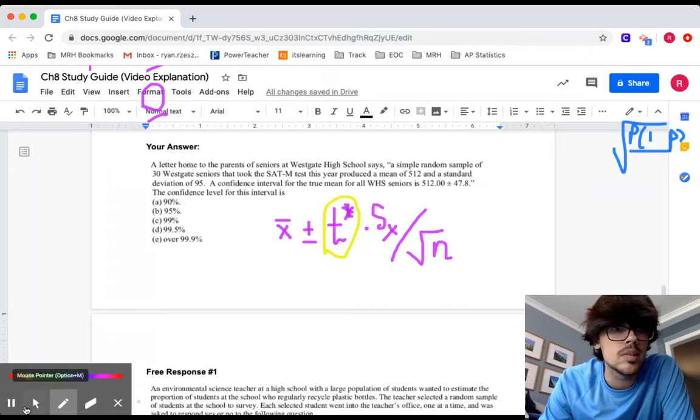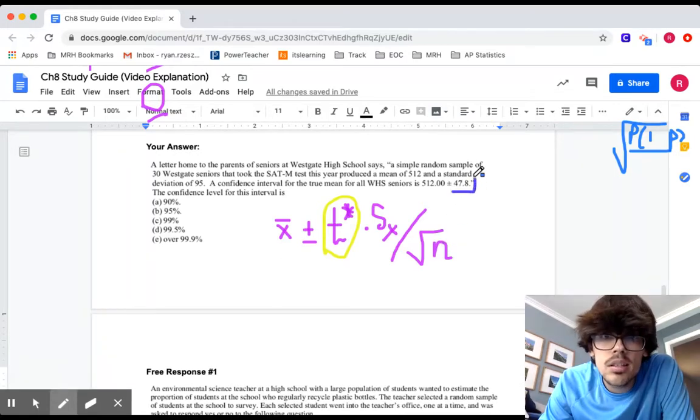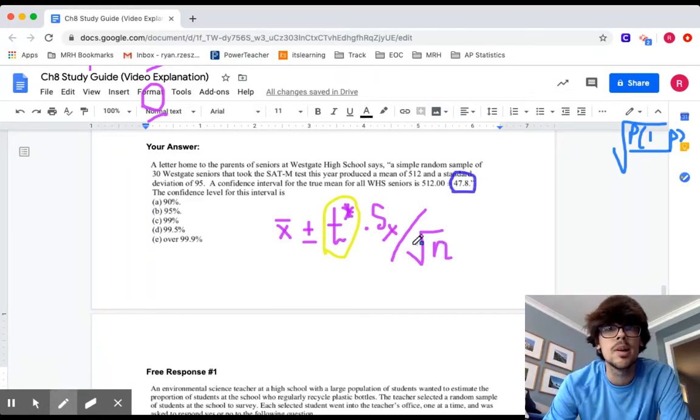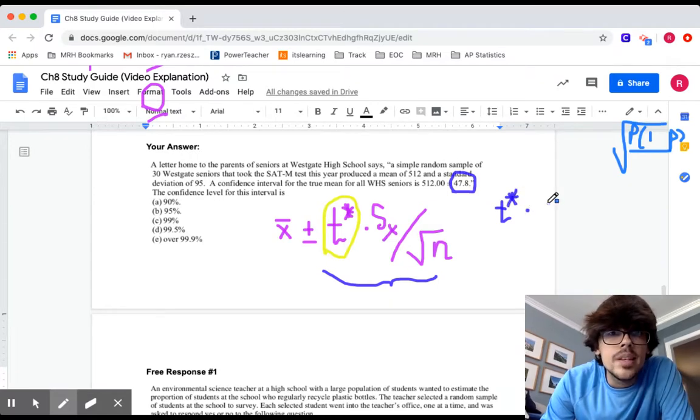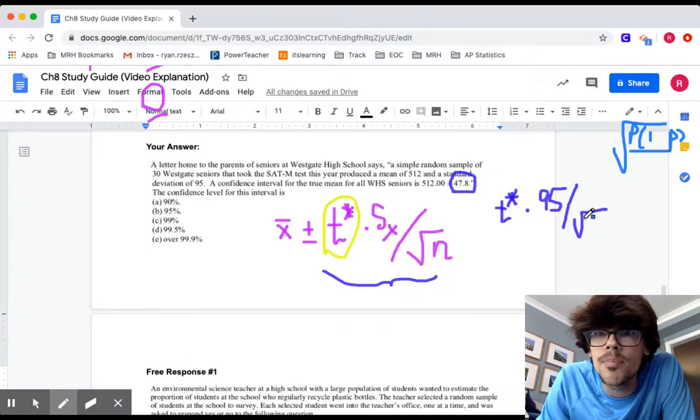Now, they give us other information in the problem. They, first of all, say that the margin of error, the whole thing after the plus or minus, is 47.8. So this guy right here has to equal 47.8. I still don't know t star. That's going to be what I find to get my answer. So t star is still unknown to me. The sample standard deviation is 95. And I have to remember to divide that by the square root of my sample size, which is 30.